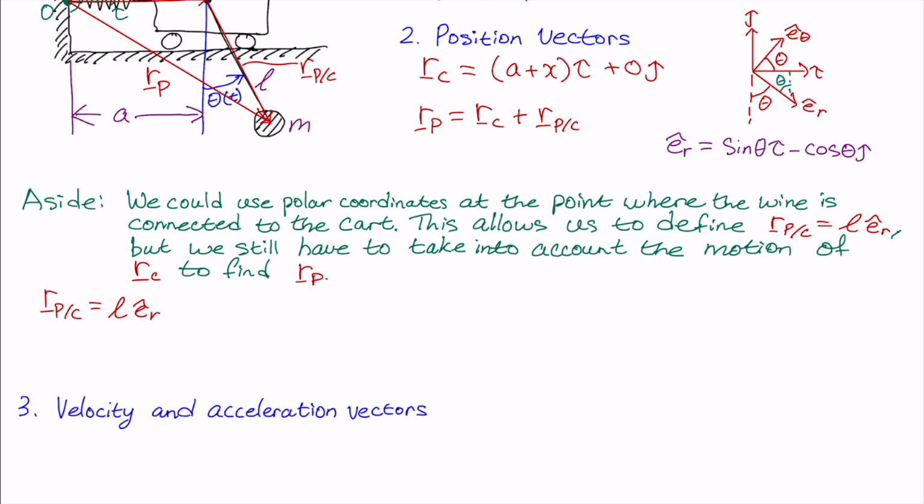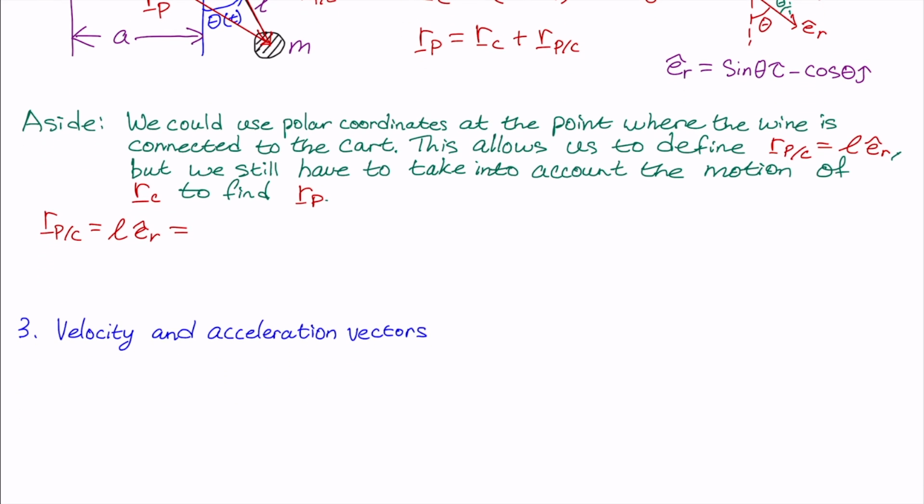So we can now go ahead and expand this relative position vector for the pendulum, and we're going to get L sine theta in the i direction minus L cosine theta in the j direction. And then from here we can compute the position vector of the pendulum.